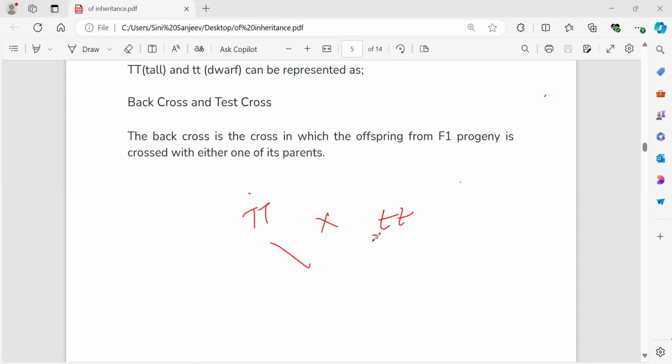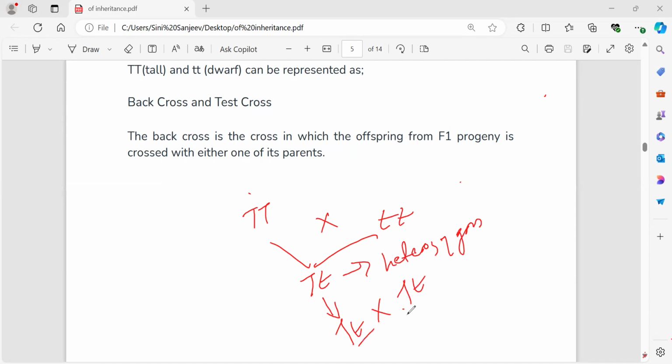When I combine them together, what I get is a capital T and a small t. So whatever you get here is a heterozygous tall. And again you recombine with the capital and small t, that is the heterozygous format.